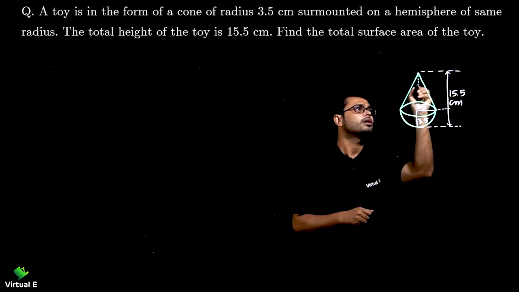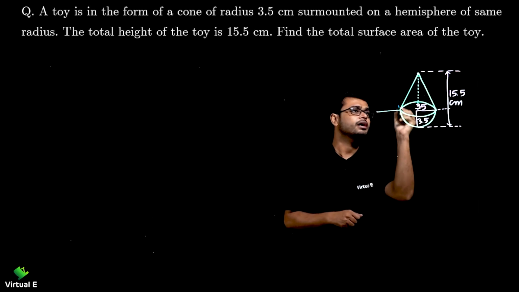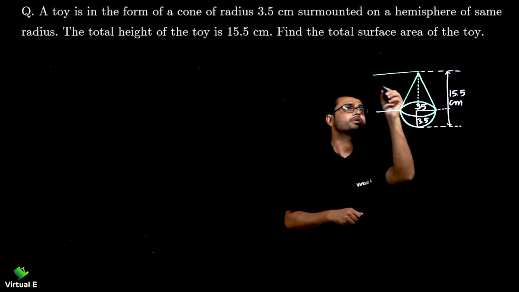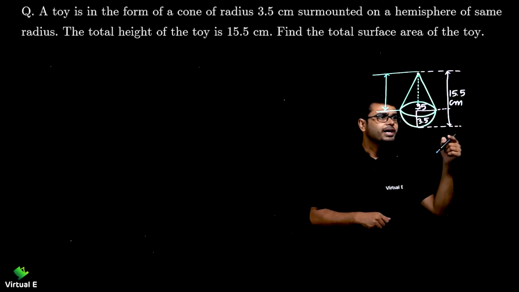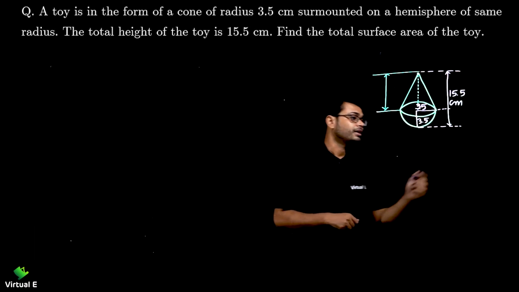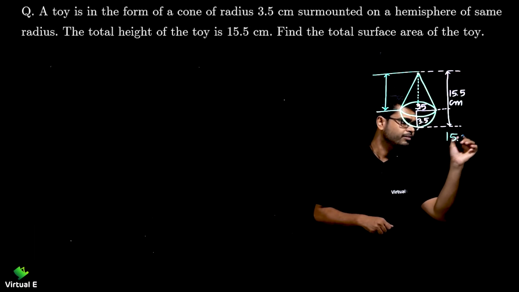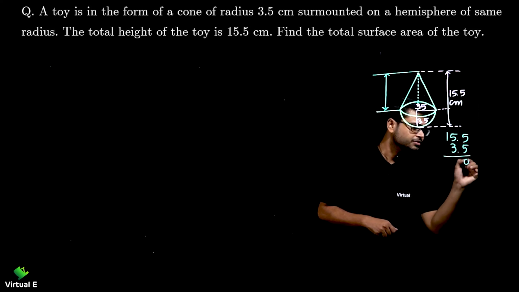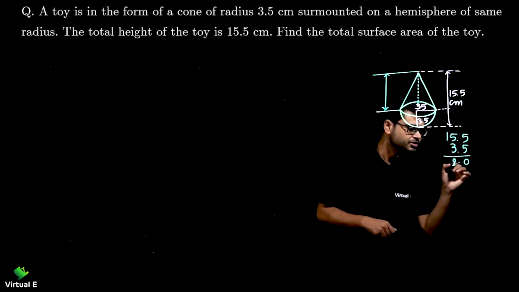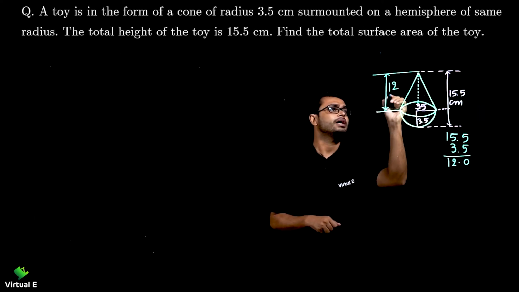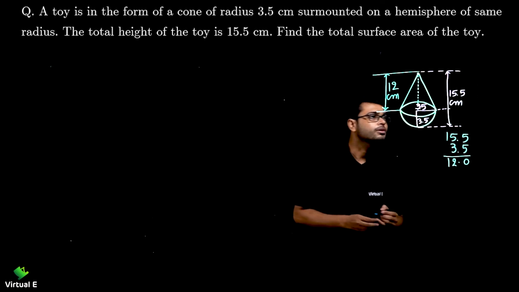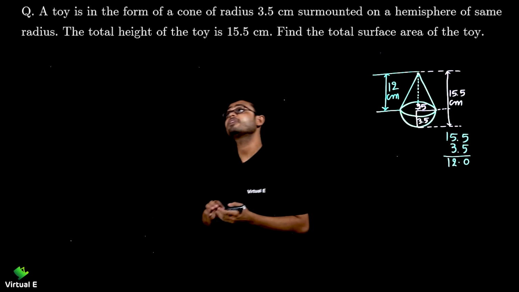So the height of the cone is 15.5 minus 3.5. 5 minus 3 is 2, and 1 is 12. So 12 centimeter.